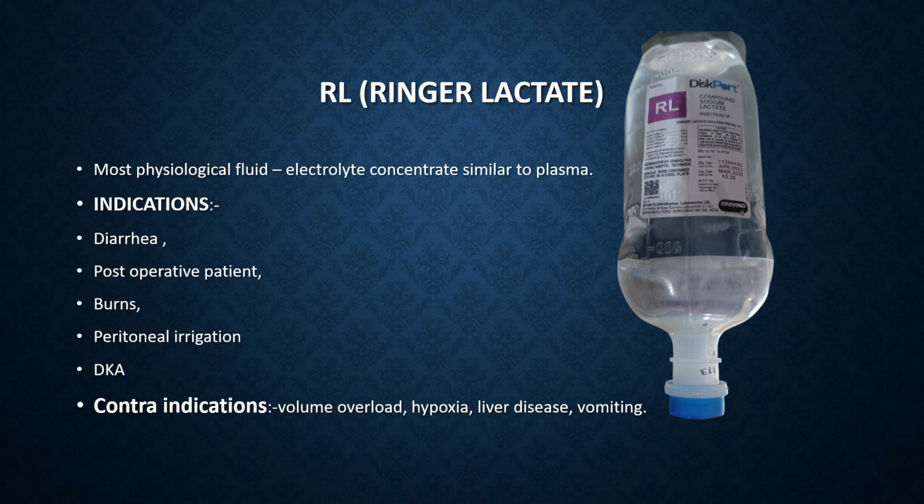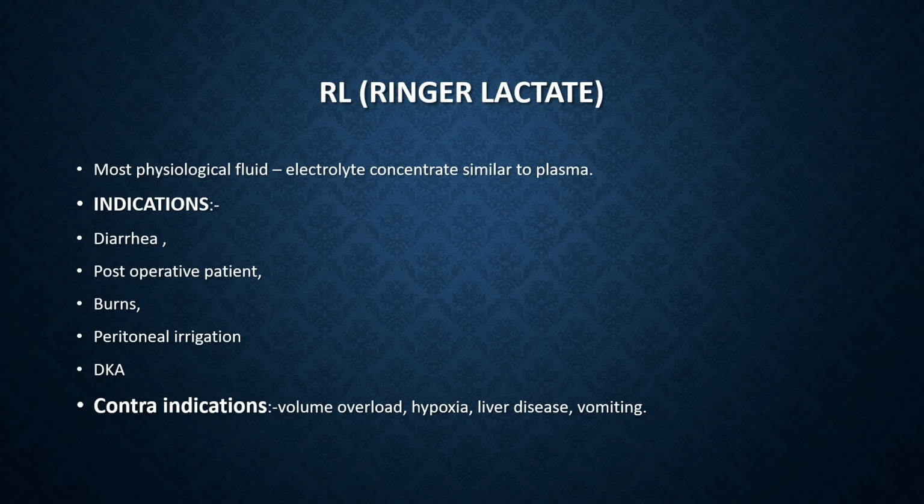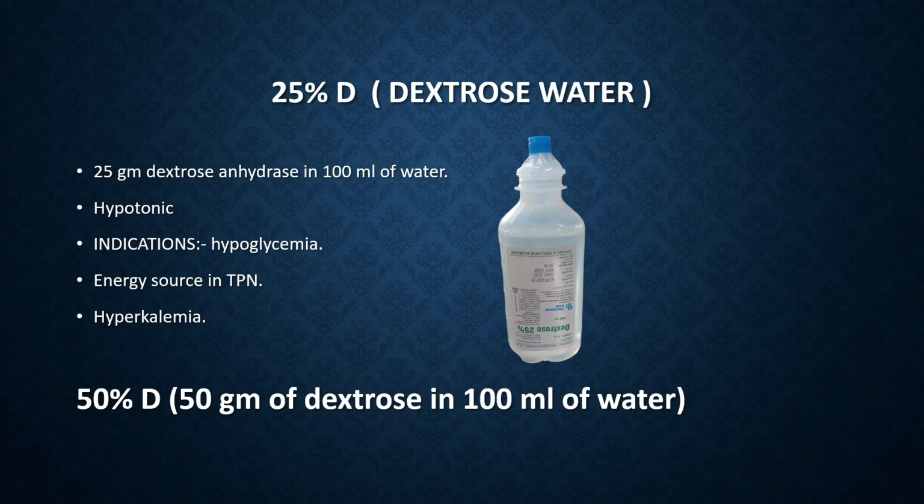And the lactate is metabolized in the liver and converted into bicarbonate, so during alkalotic conditions we should avoid RL. Vomiting is a condition during which the patient is mostly alkalotic, so we should avoid ringer lactate during vomiting. During diarrhea, the patient is mostly acidotic, so RL is the treatment of choice during diarrhea.